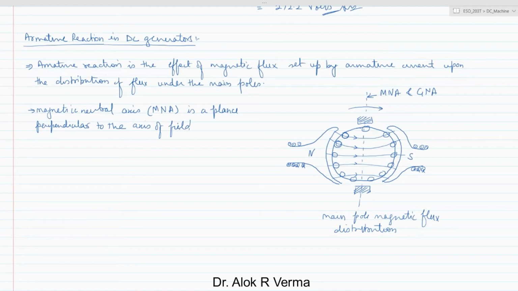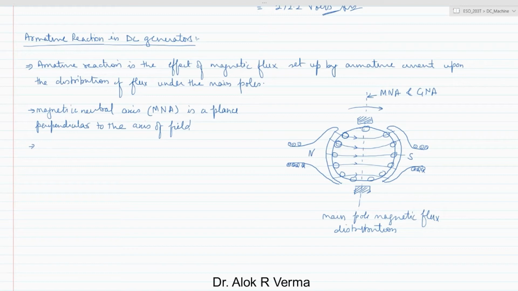Then we will have a geometrically neutral axis, which is also the same as the magnetic neutral axis in this case. So under this condition, it coincides with the geometrical neutral axis. The magnetic neutral axis is called the axis of commutation.